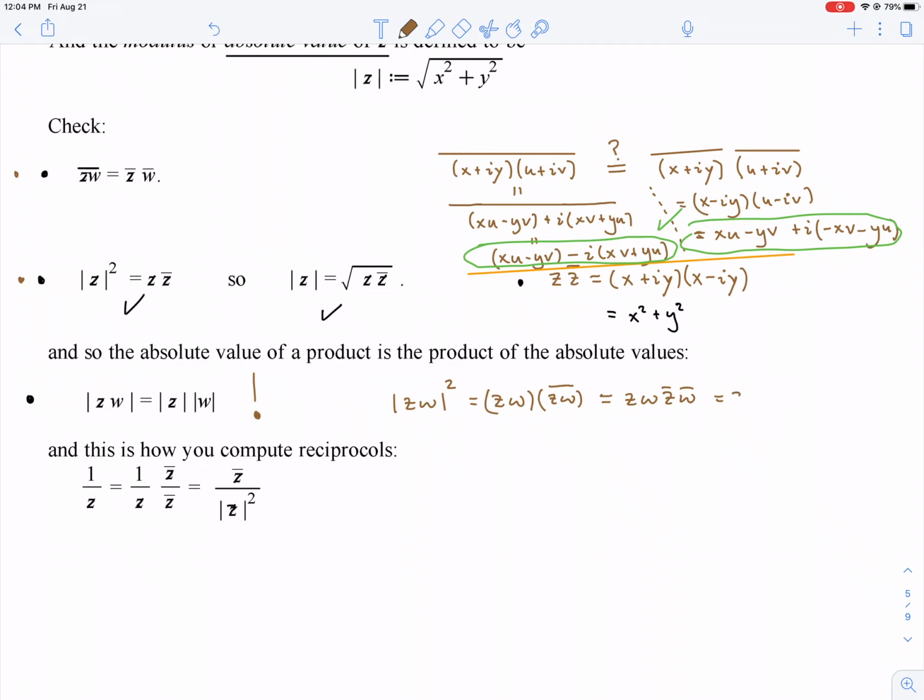Multiplication is commutative, so that's z z bar w w bar, and that's modulus z squared modulus w squared. So if you just take the positive square roots of both sides, you get the product property for modulus.